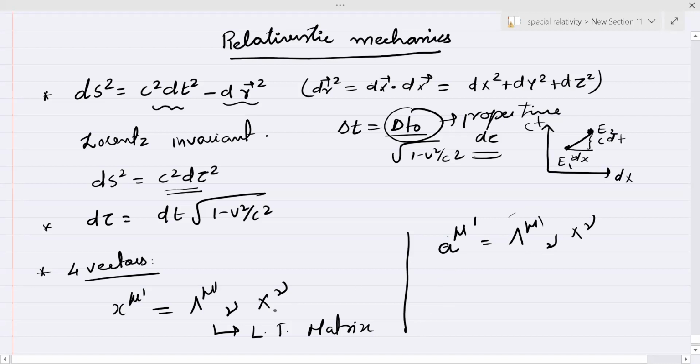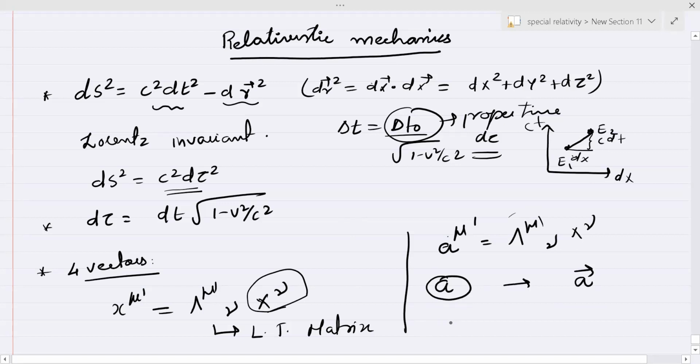And the simplest example of a 4 vector is the coordinate, right? This x mu. And we'll denote 4 vectors simply by a letter. In contrast to 3 vectors, where we'll always put a vector sign on top of it, for a 4 vector we'll write simply a.